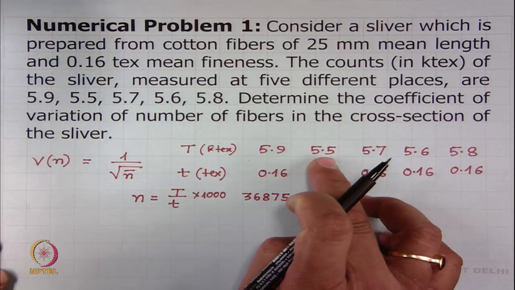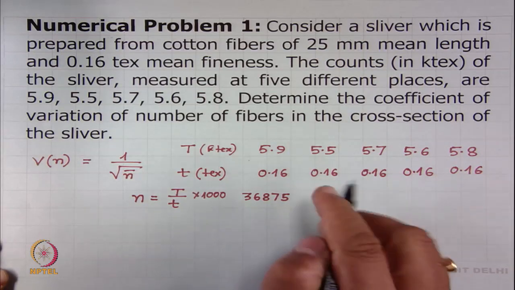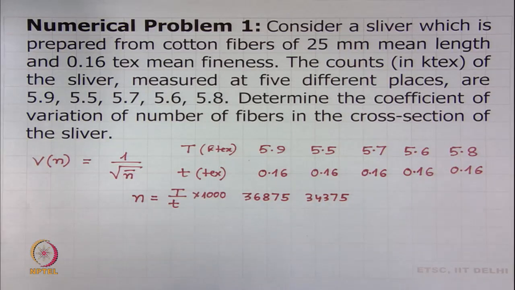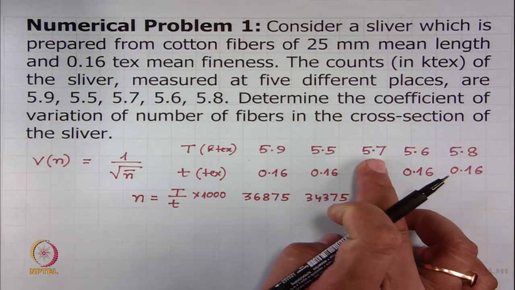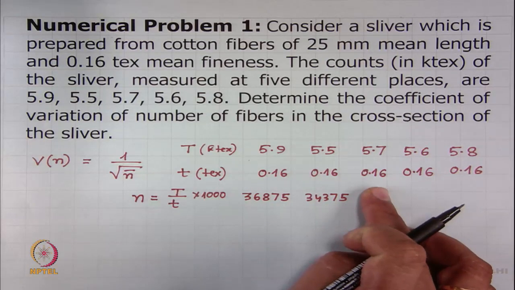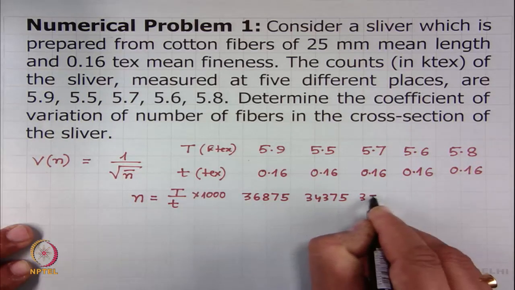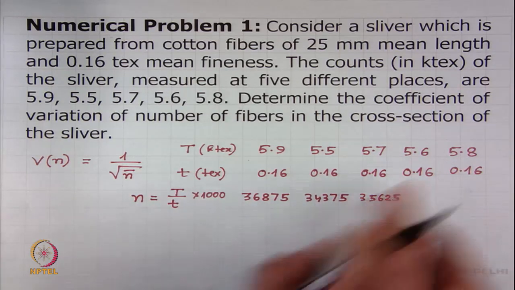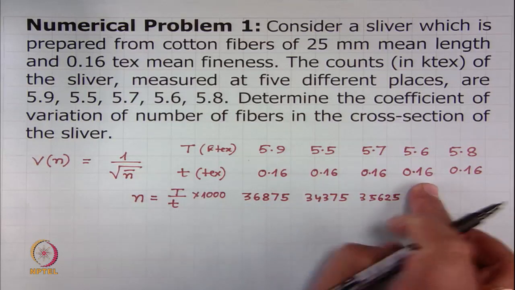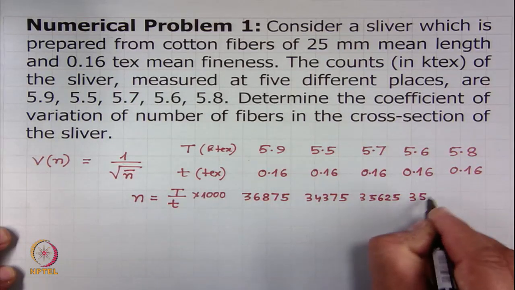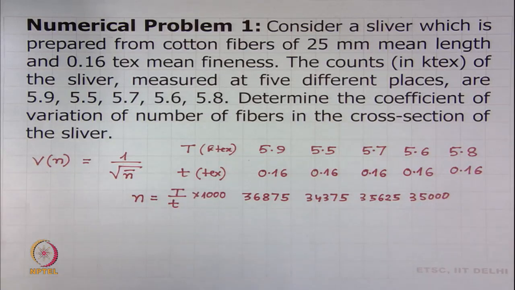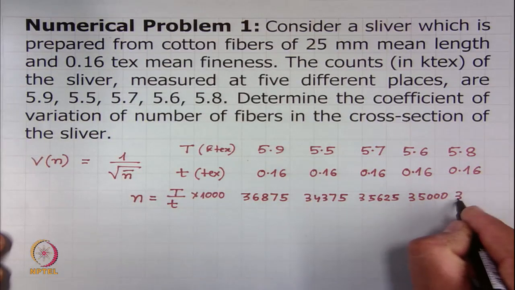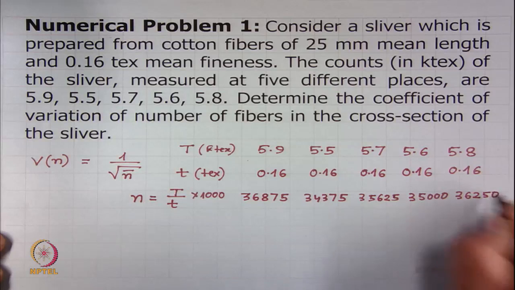Then 5500 divided by 0.16 will give you this. Then 5700 divided by 0.16 will give you this, then 5600 divided by 0.16 will give you a very nice number, 35,000. The last one, 5800 divided by 0.16 will give you this.